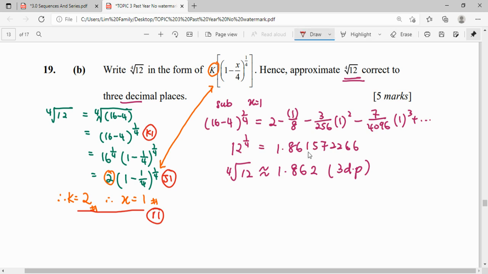We just take out what our x is. Finally, we use their expansion and substitute x into it. This is 1, so this is our concept of substitution, and we come up to the answer as the question asks us to do, to 3 decimal places. So that's all.